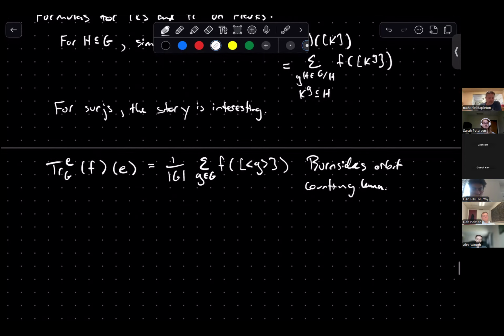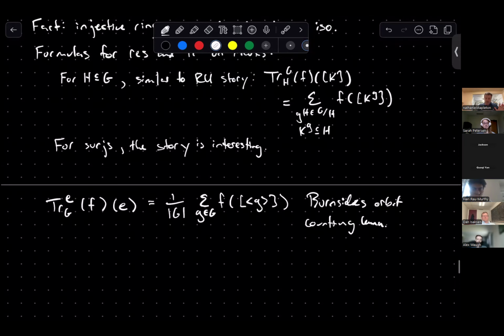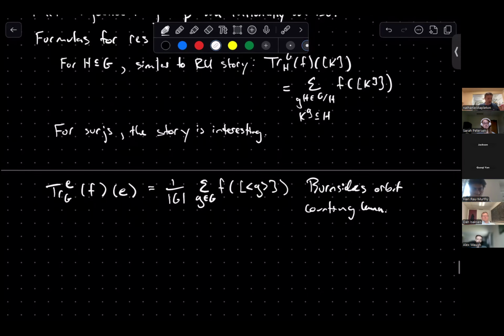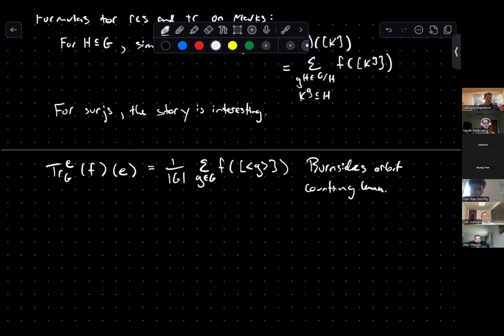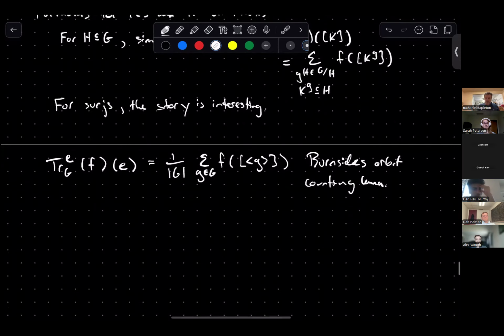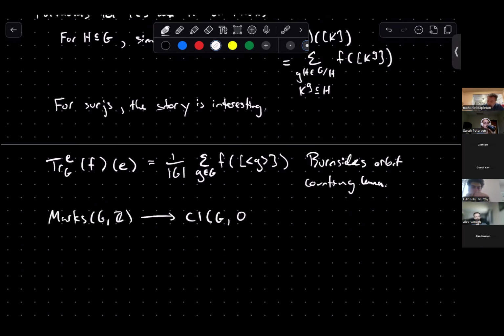One more thing that I want to say about formulas for restriction and transfer on marks is that these are compatible with the formulas for restriction and transfer on class functions because there's a version of L for marks. So I can go from marks of G comma Z to class functions on G, taking values in Q adjoin mu infinity.